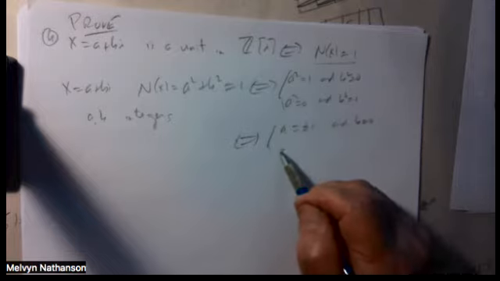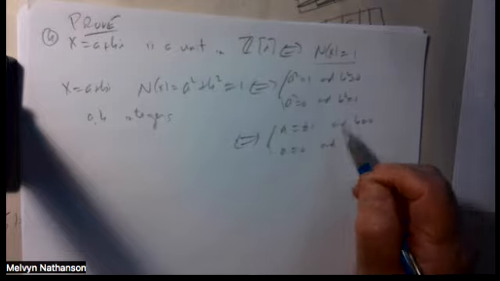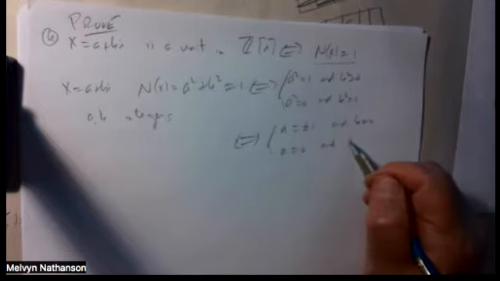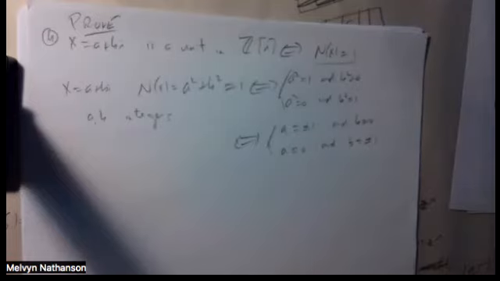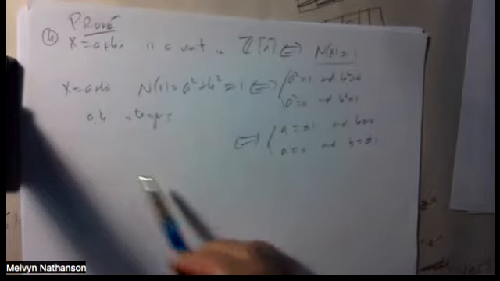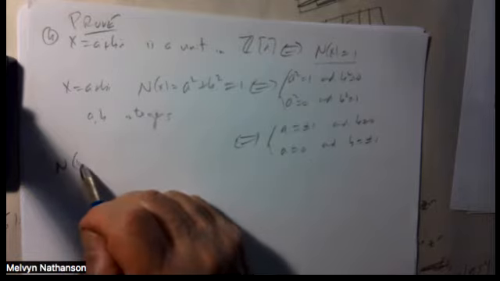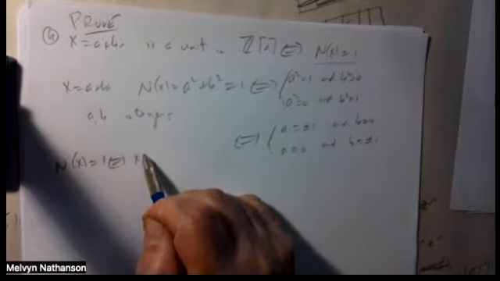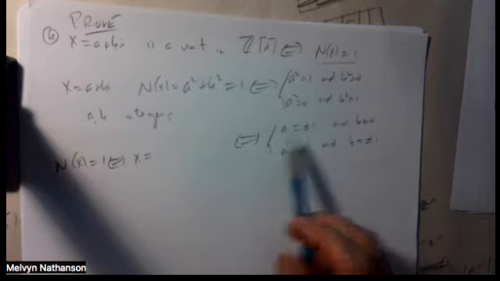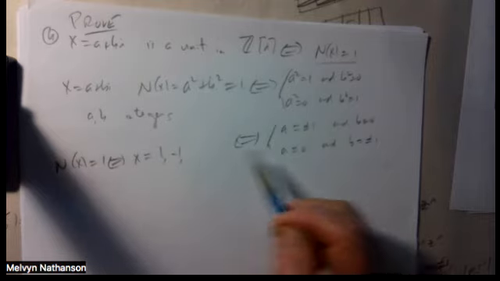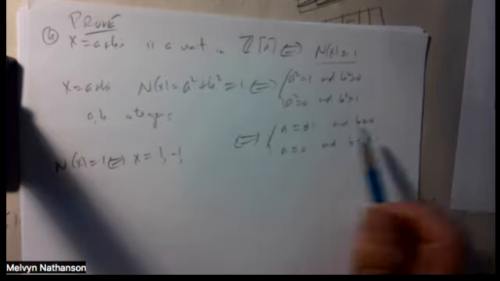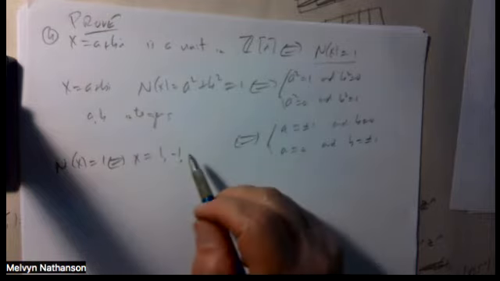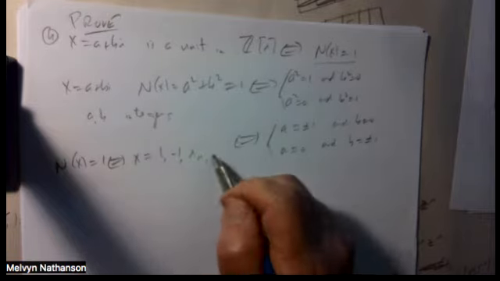Or if a squared is 0, which is the same as a equal to 0, and b squared equals 1 means b is plus or minus 1. So there are only 4 possibilities. The norm of x is 1 if and only if x is equal to plus 1, minus 1, and when b is 1, this number is i, and when b is minus 1, it's minus i.